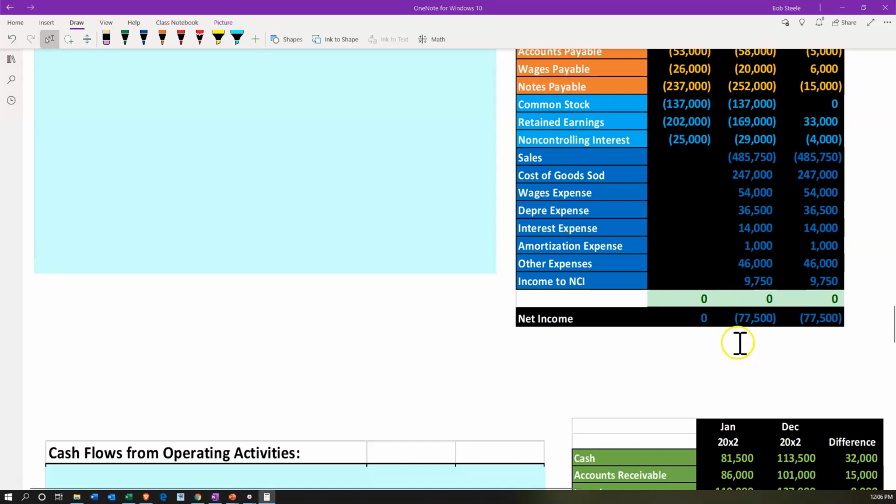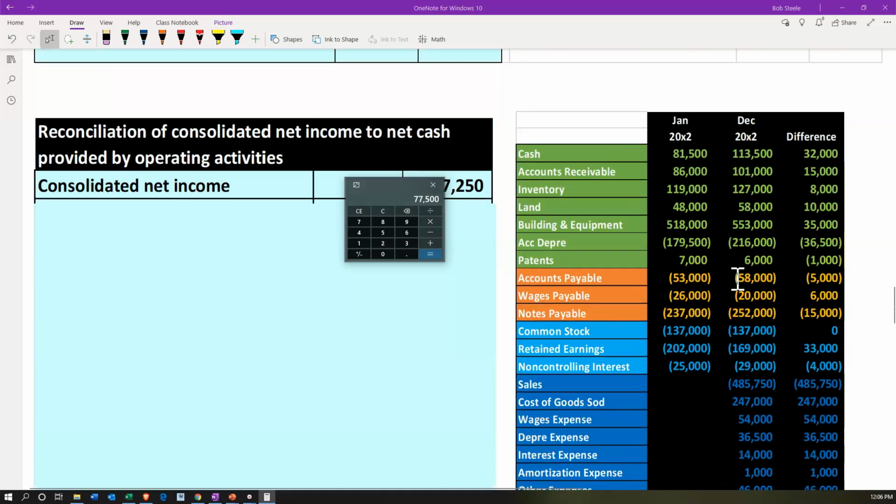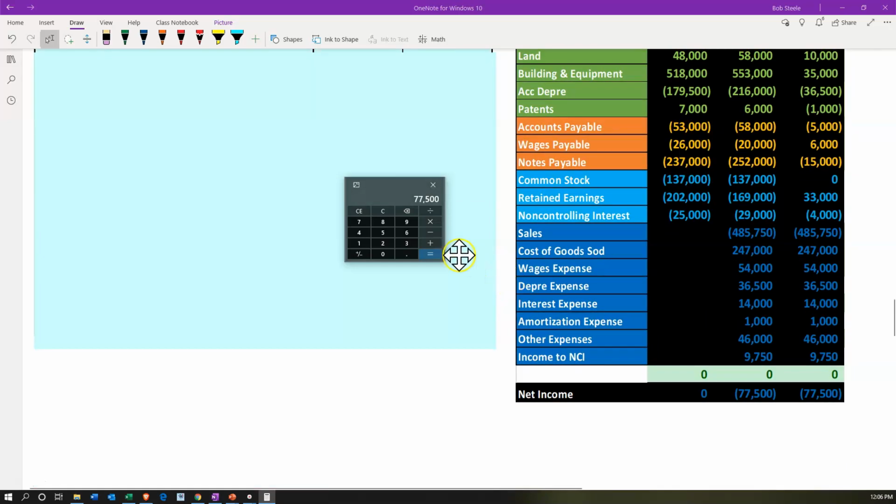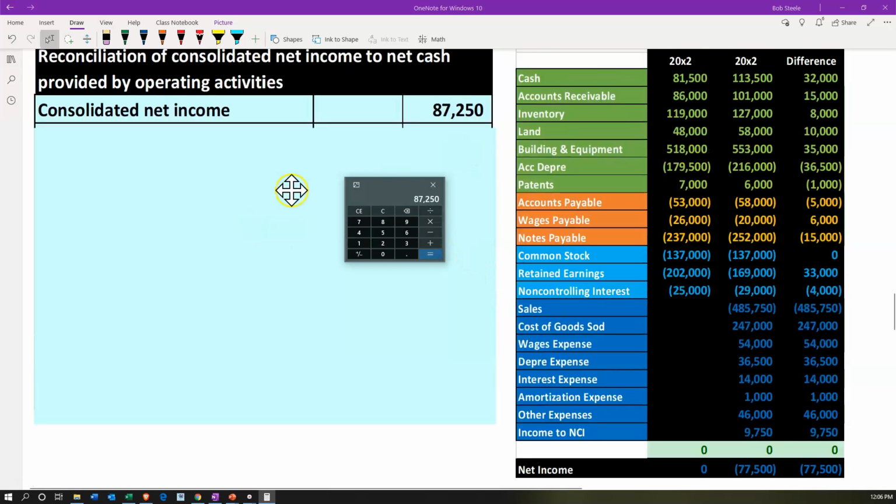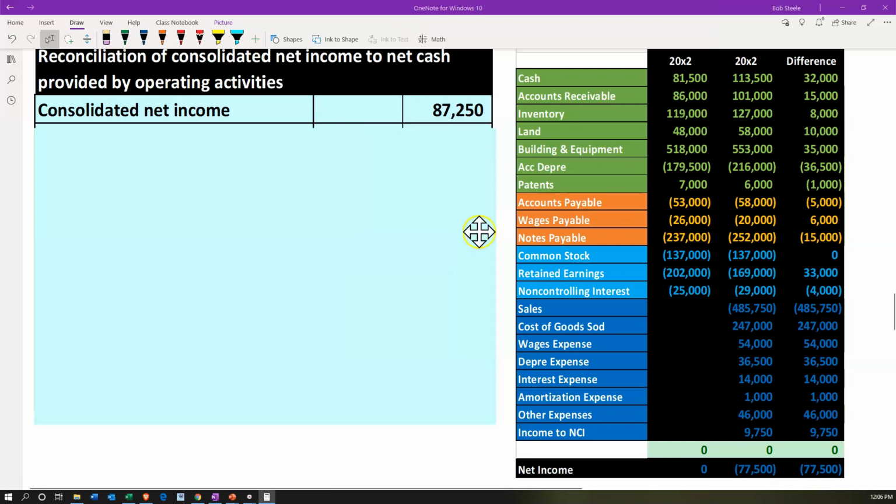In other words, this is the net income on our trial balance format, including the non-controlling interest. If we were to remove the non-controlling interest, we'd have $77,500, and then I'm taking out that $9,750. So I'm going to say plus $9,750, and that's going to be the $87,250. So that's going to be our starting point.